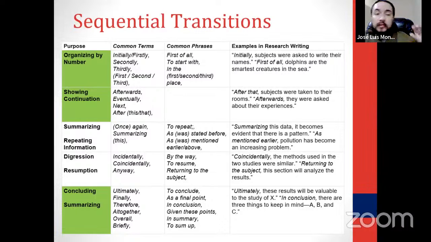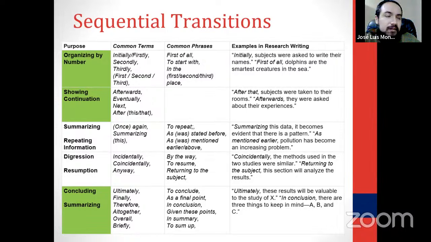Same logic. Remember, what is the complete idea? Period, semicolon, transitional word or phrase, or common term or common phrase, comma, the second complete idea. Unless you see no comma or you see other combinations, we've seen that, you do that. So initially the subjects were asked to write their names. Secondly, this and that. Thirdly, this and that, right?